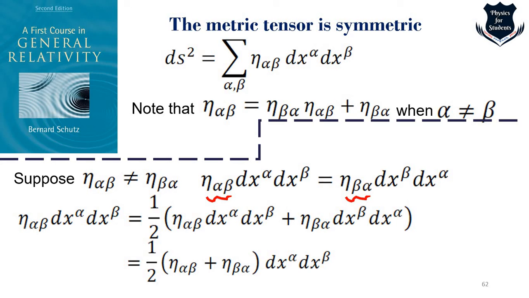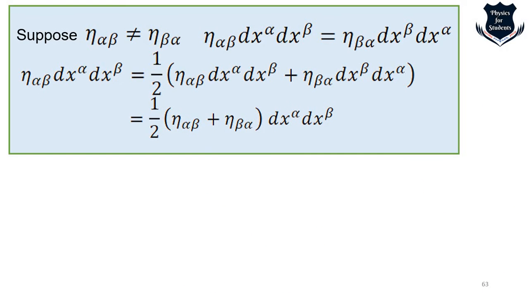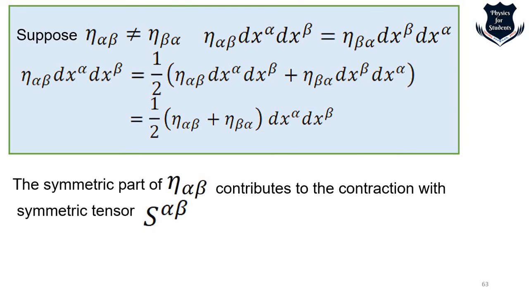We take this equation forward so that it remains in front of us. Here alpha and beta survive, so we can say this is symmetric. However, if we take this forward, the symmetric nature of this one contributes to the contraction of the symmetric tensor as alpha beta, right?